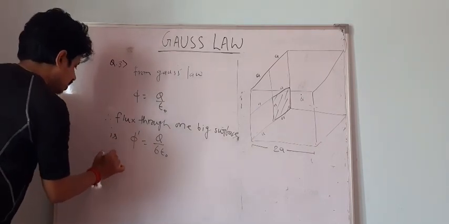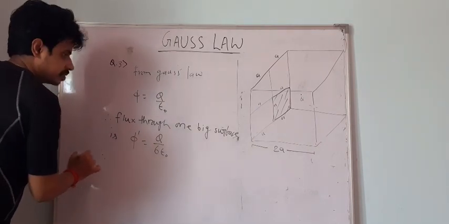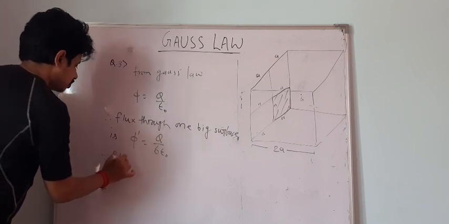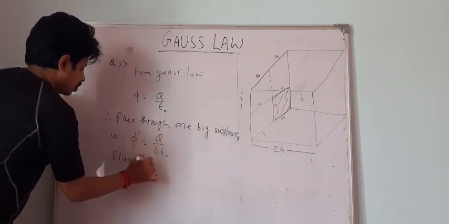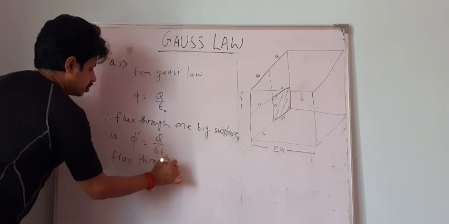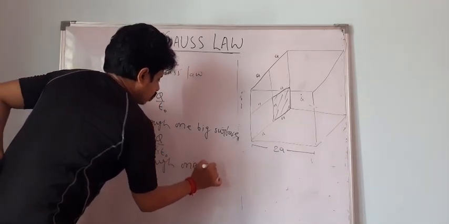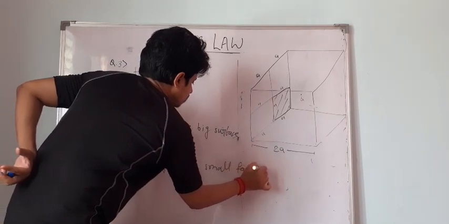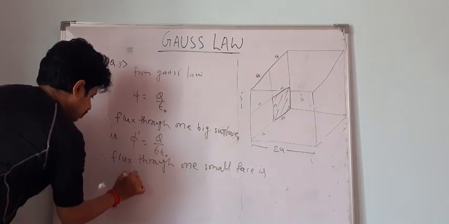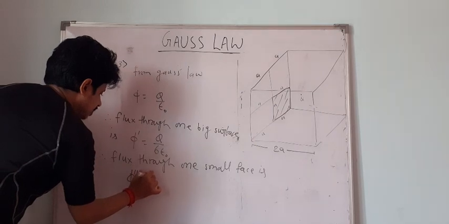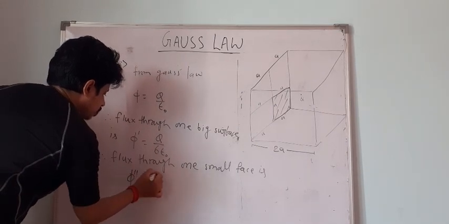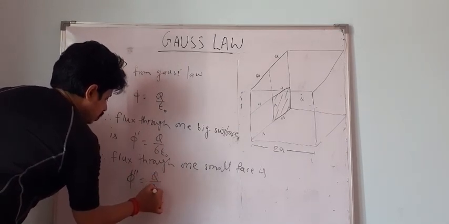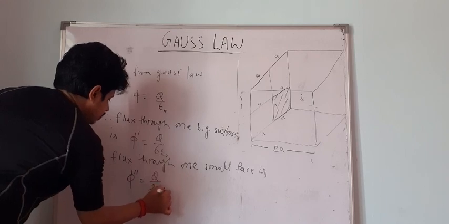Therefore the flux through one small face is phi double dash equals q by 24 epsilon naught.